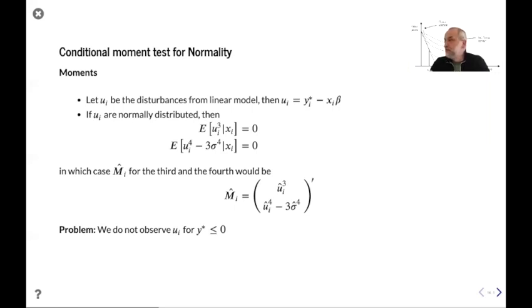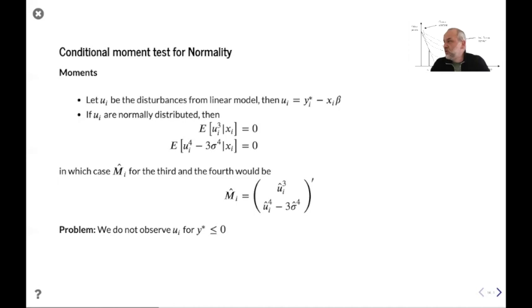Now, if it's normally distributed with homoscedasticity, we also would like the conditional variance to be constant, that is, u squared conditional on x does not depend on x. So there's no dependence between the squared residuals and x.